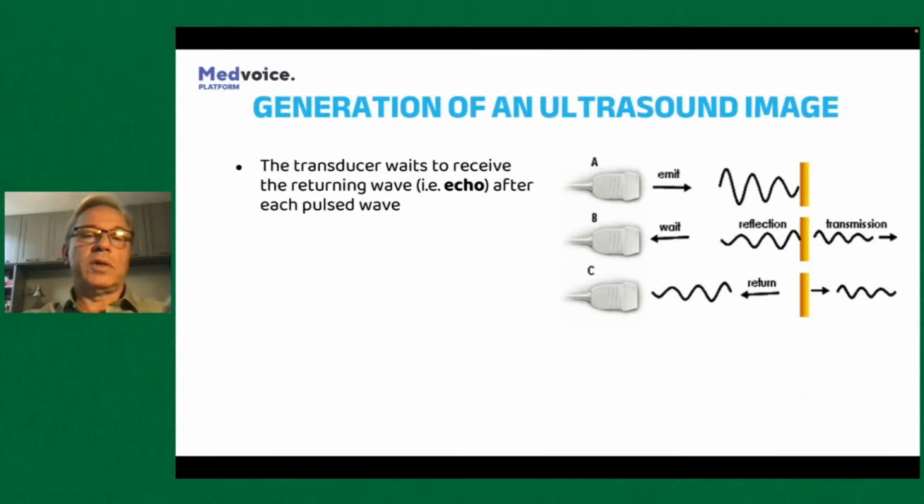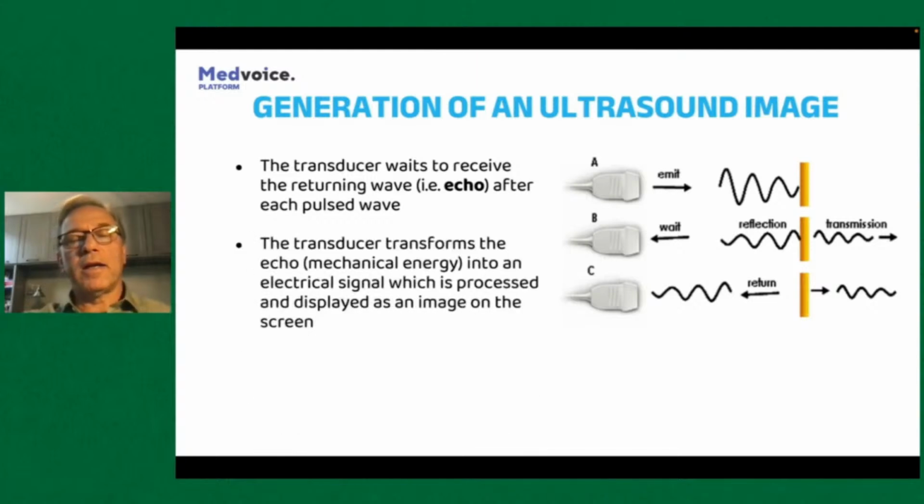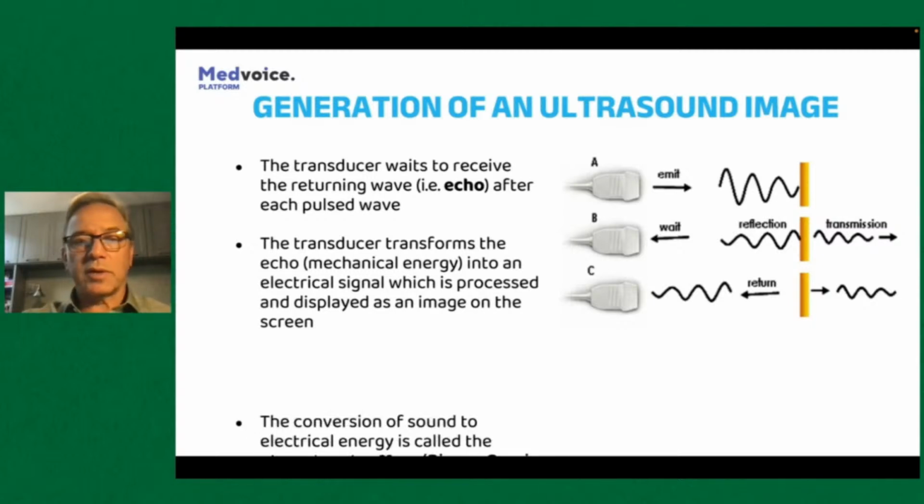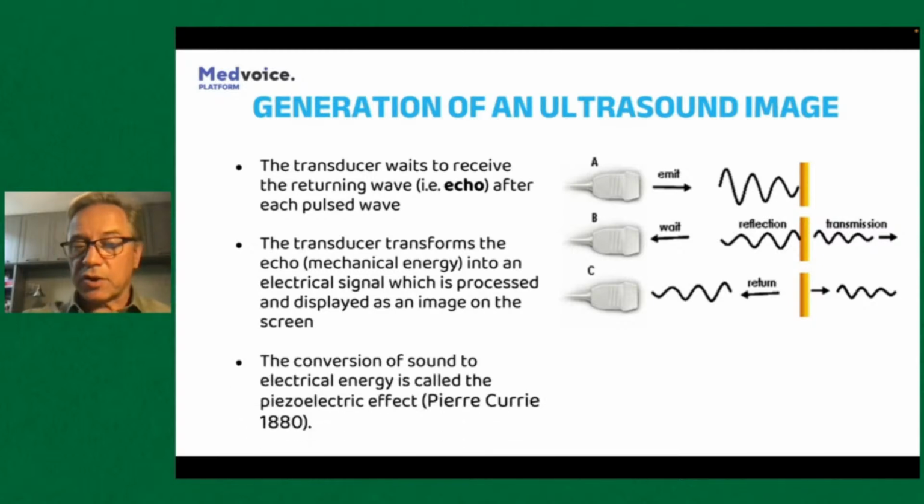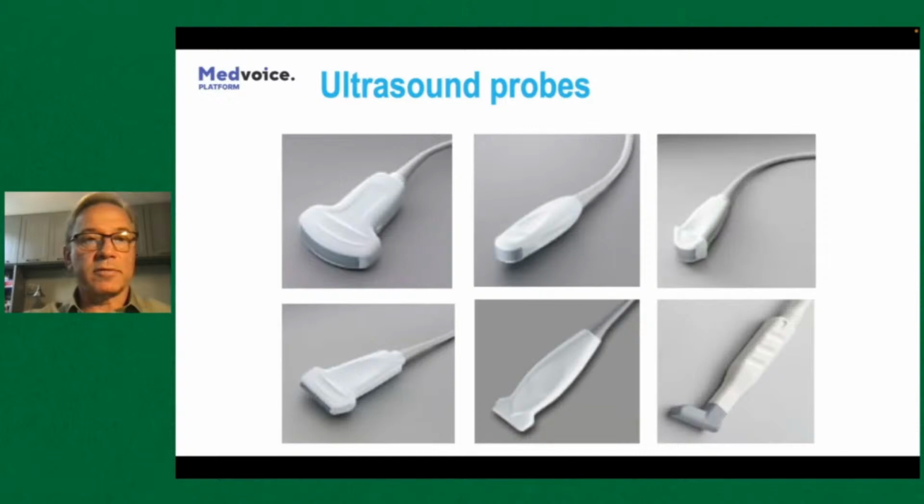It's the echo that bounces back from the tissues and reflects back into the transducer. The transducer then transforms this echo, mechanical energy, into an electrical signal and displays it on the screen. This conversion of the sound of an echo to electrical energy is what we call the piezoelectric effect, first described by none other than Pierre Curie himself.